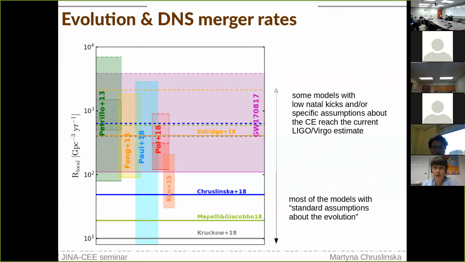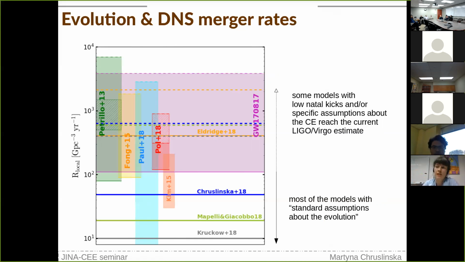And within the standard evolutionary scenario for the formation of merging double neutron stars, there are some factors that largely affect the estimates, which are natal kicks and common envelope evolution. So models with low natal kicks and with specific assumptions about the common envelope can reach high rate values that are close to the best estimate made based on the detection of gravitational waves from merging neutron stars.